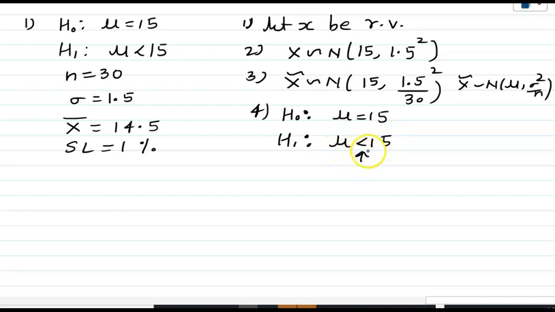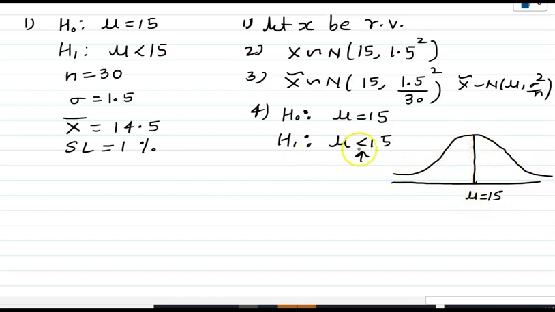This less than sign tells you we are going to do a one tail test, towards the lower end. If we draw the bell-shaped normal distribution curve with mu at 15, mu less than 15 means this will be our area.